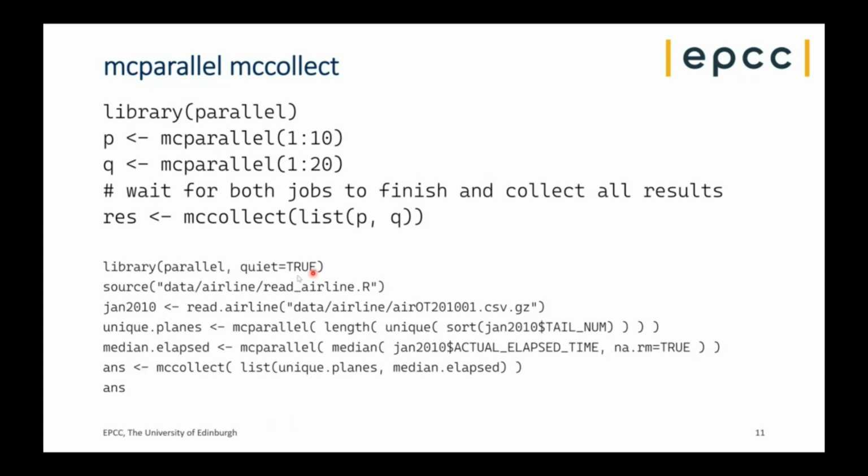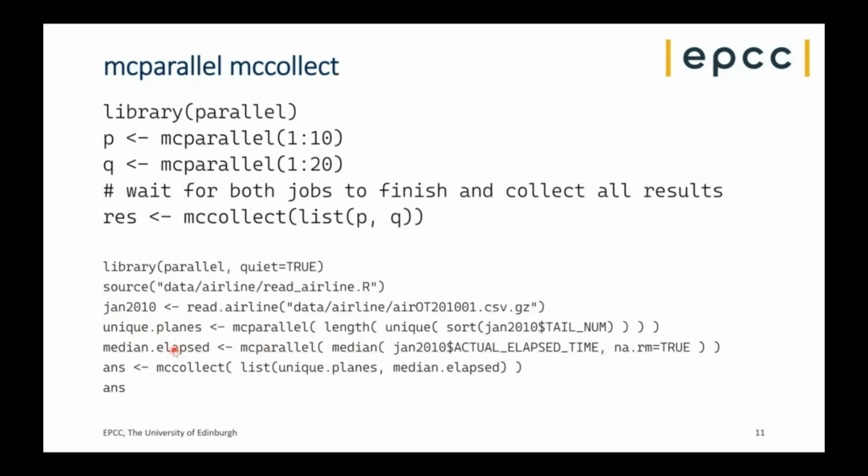So there's an example here where we're reading the data set. It's got a certain size, and then we do some work on that and split it up in parallel to create a set of results.